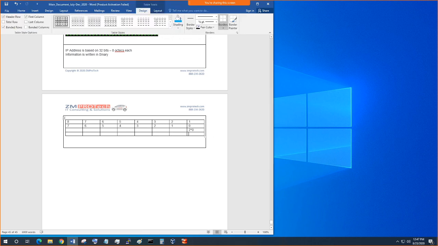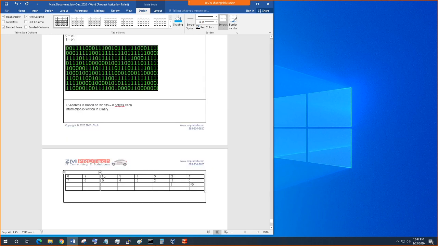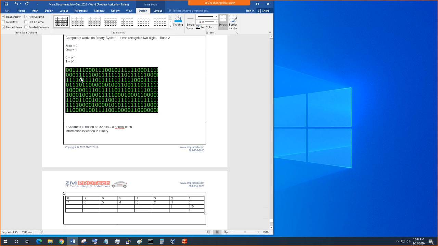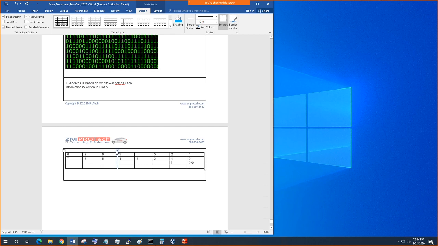Then everything is based on base 2, right? Why is it 2? It starts with 0, but this is 1 and 2, this is base 2. Then 2 to the power of 1, I'm sorry, 2 to the power of 1 is how much? 2.